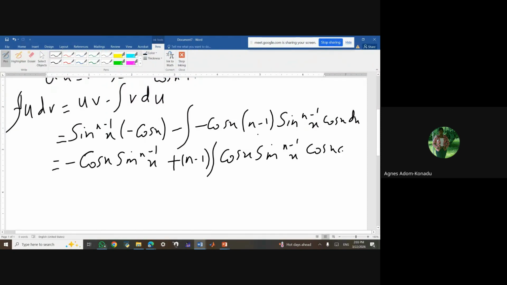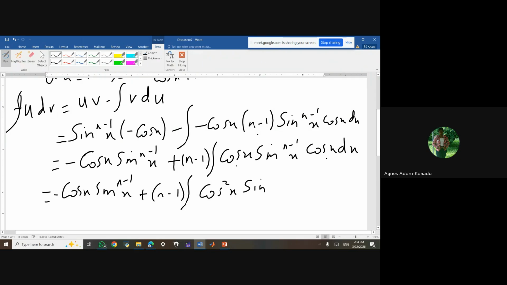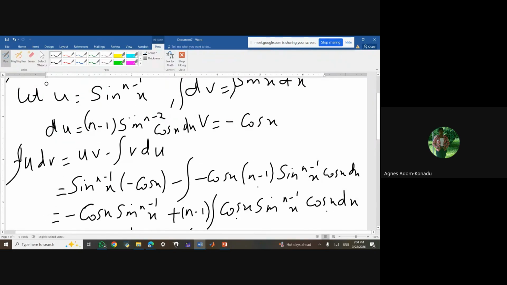This is cos x then dx. So the function now becomes minus cos x sine n minus 1 x plus n minus 1 integral of cos x times cos x, so cos squared x, then sine, oh, this is n minus 2, not n minus 1. This is n minus 2.